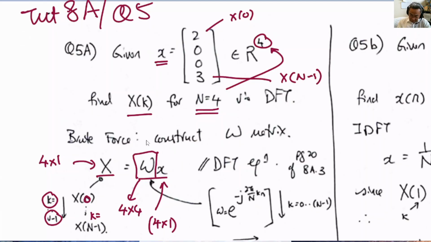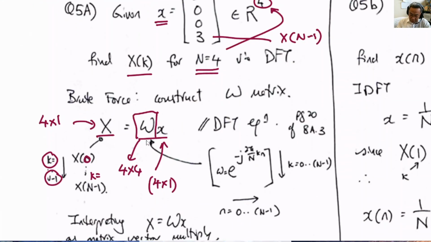So if you view this notation, then for the W matrix, which is a square matrix, the indexing must be observed in this form. Since capital X is a column vector indexed from k equals 0 to n minus 1, across the rows of the W matrix it is similarly indexed as k equals 0 to n minus 1.